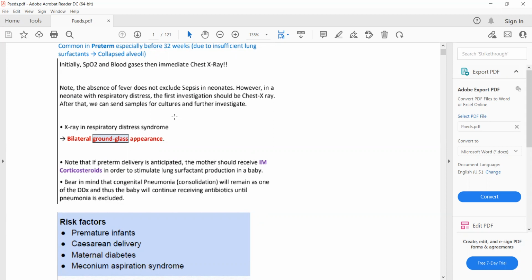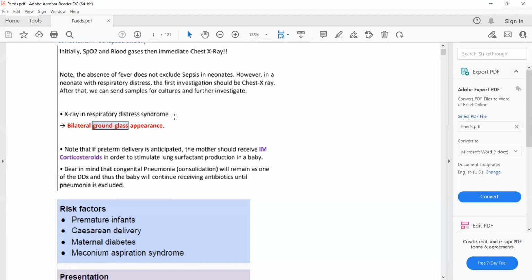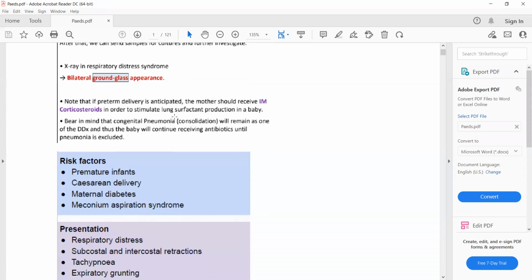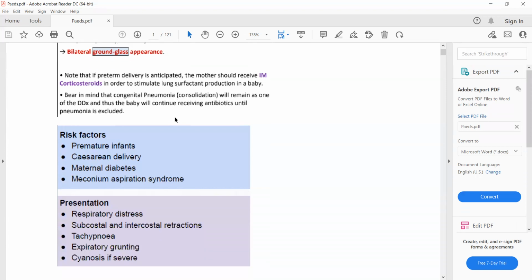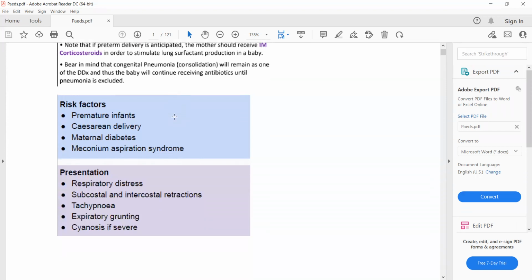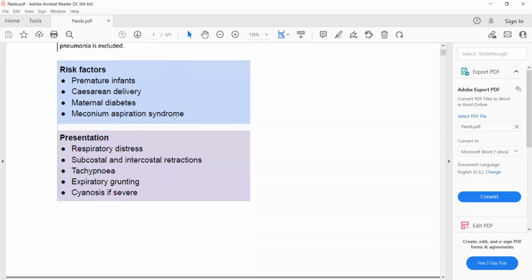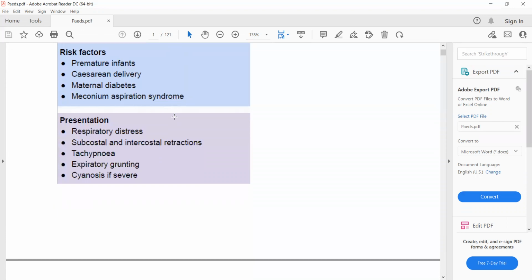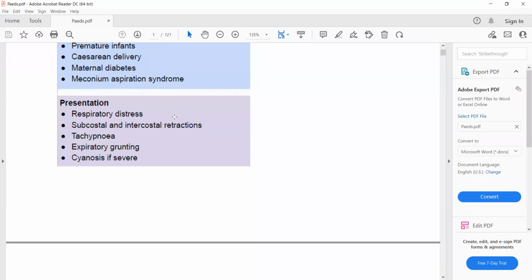So respiratory distress in a premature baby, and X-ray shows ground glass appearance, is respiratory distress syndrome. What is respiratory distress syndrome? Premature infant, cesarean delivery, diabetes, and meconium aspiration syndrome can also cause respiratory distress syndrome.